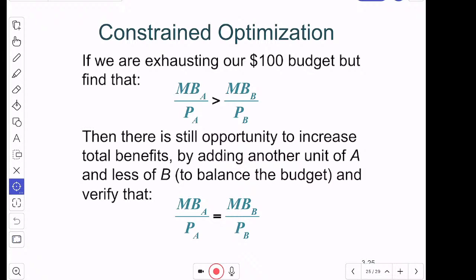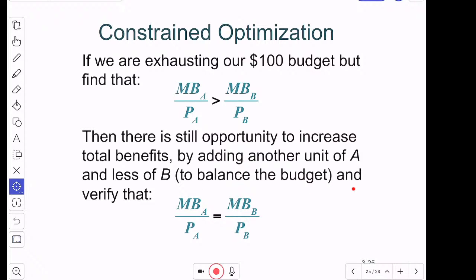In this case, as long as the benefit per price, or marginal benefit over the price, so per dollar of the unit, is greater than the marginal benefit per dollar of the other activity, you keep adding and increasing unit A. So there's still an opportunity to increase total benefit by adding another unit of A, but less of B to balance the budget.